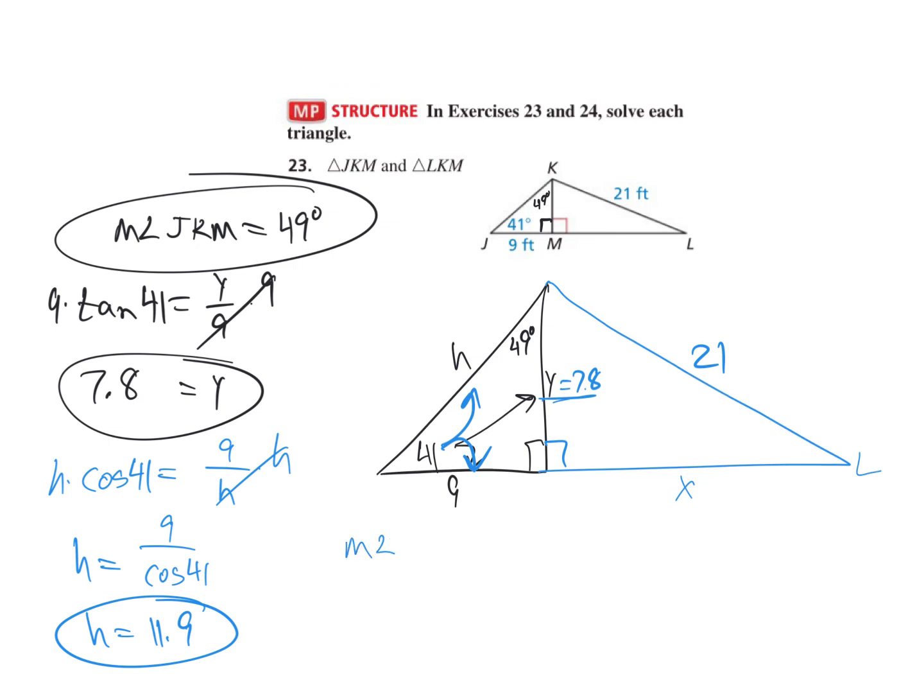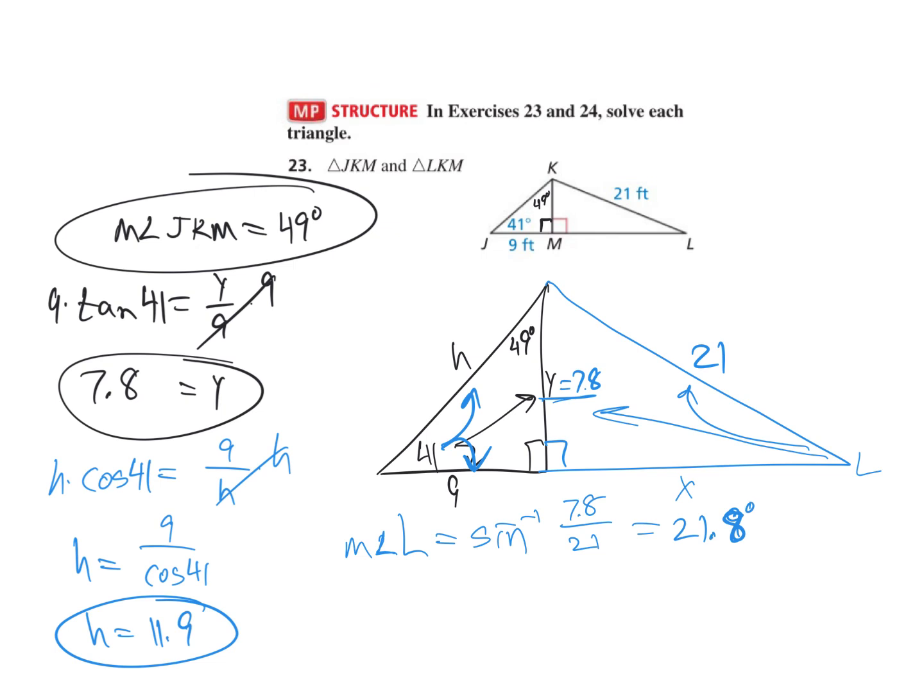The measure of angle L is equal to, let's see here, opposite and hypotenuse would be a sine. So the arc sine to get our degree is 7.8 over 21. So 7.8 divided by 21, and take the arc sine of that, and you get 21.8 degrees.